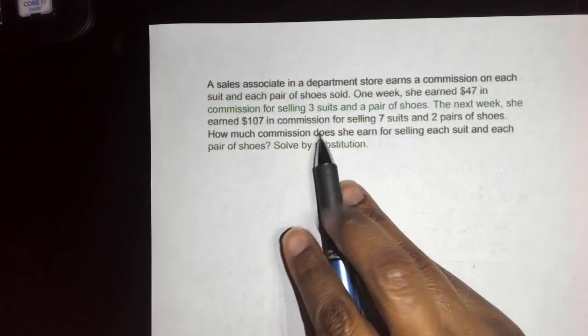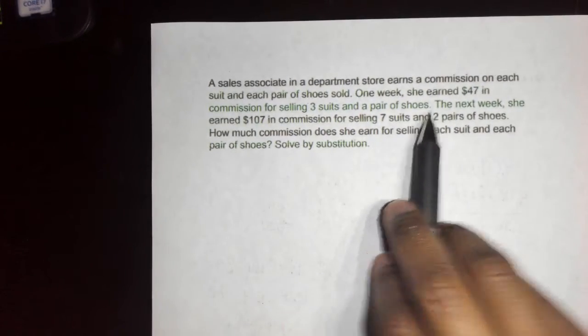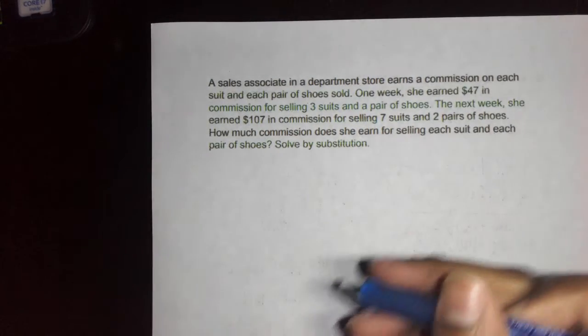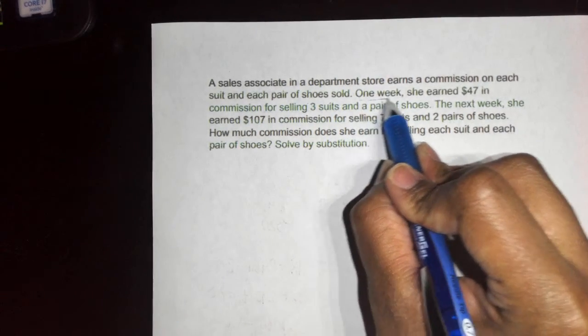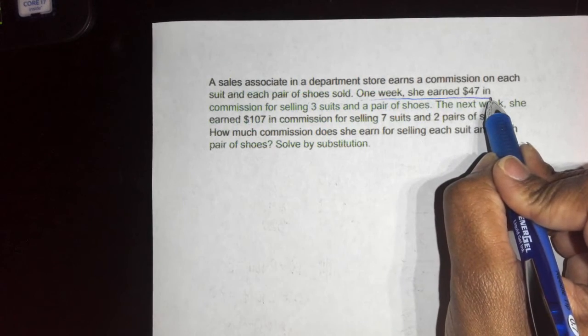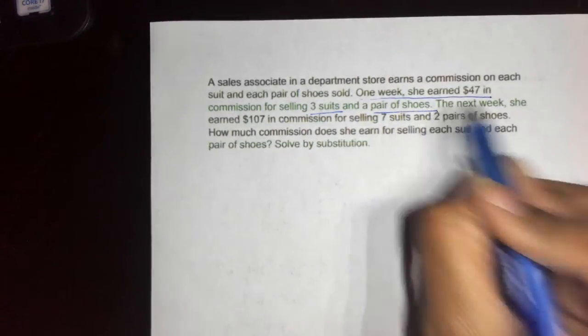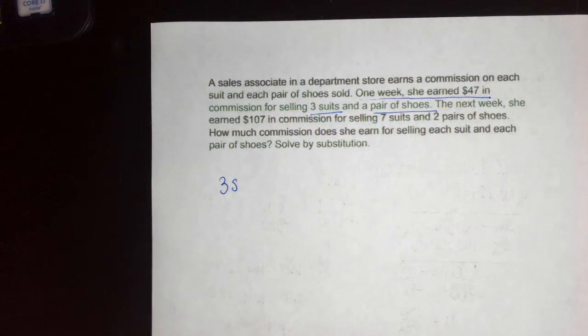So I'm going to write an equation that represents how much she made the first week. Let's do that one in blue. In week 1, she earned $47 for selling 3 suits and 1 pair of shoes. So 3 suits, I'm going to use the letter S for suits.